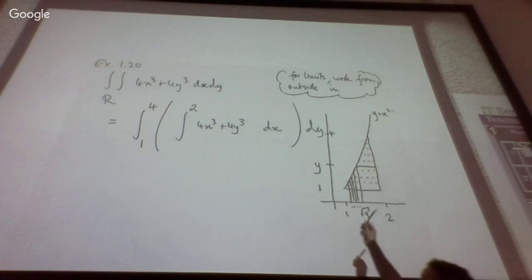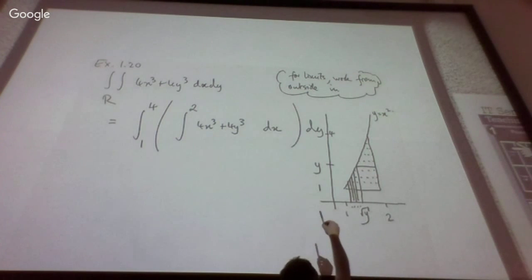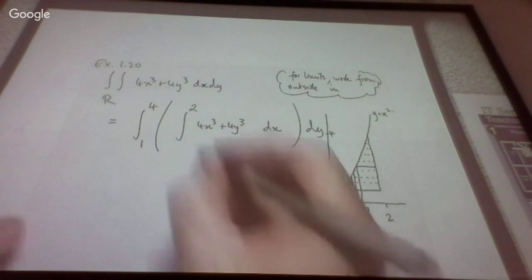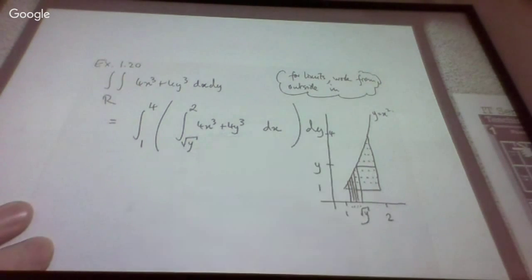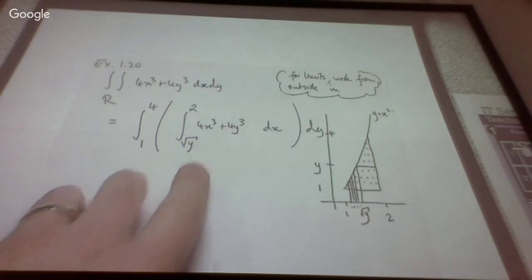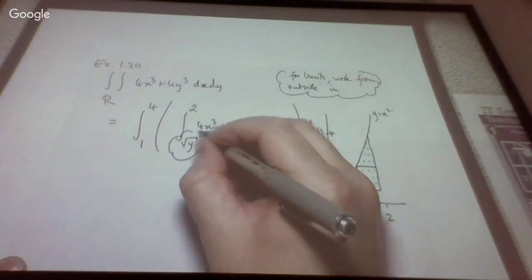So if the outer integral supplies this intermediate y value, the corresponding starting point for the x integral is the square root of y. So that explains why this lower limit here is the square root of y. So it comes from that square root of y there.